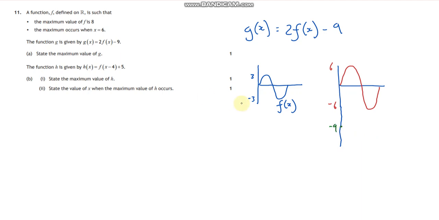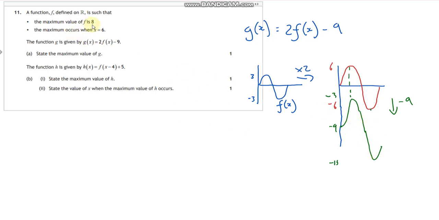But this max of 6 would be going down to negative 3, and this would be going all the way down to negative 15. You have to excuse my scales. But do you know what I mean? We're taking away 9 as well. So double it, take away 9, just to try and give you an image in your head, a very poorly drawn image.